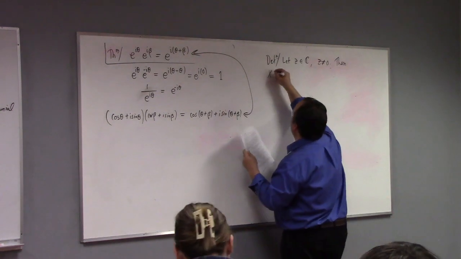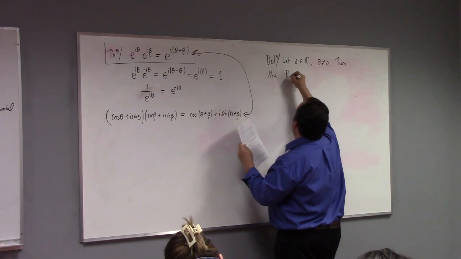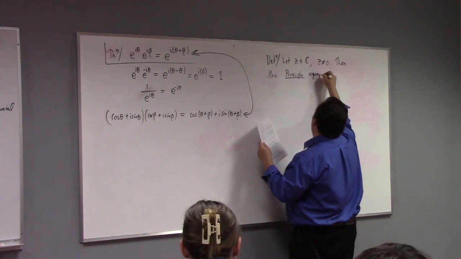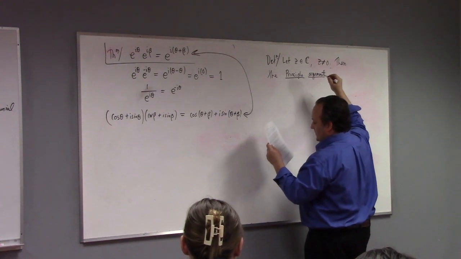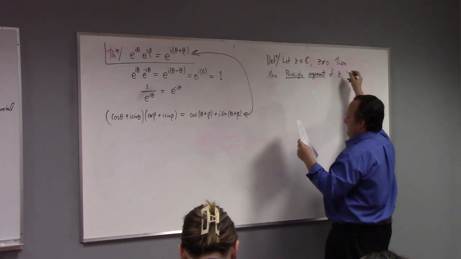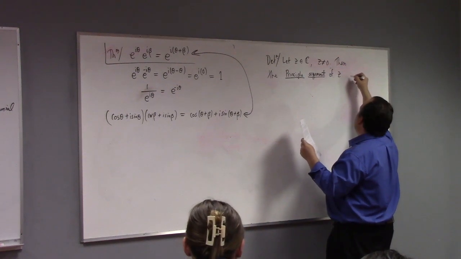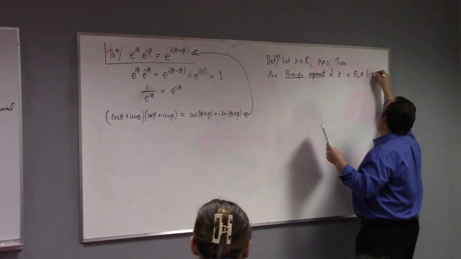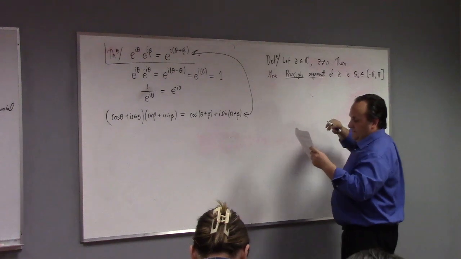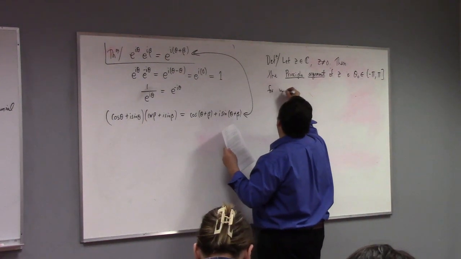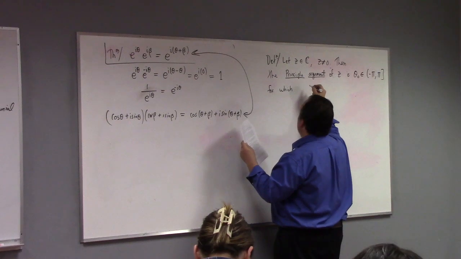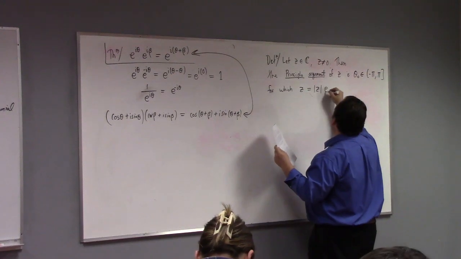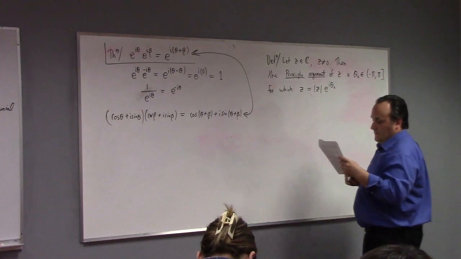Then the so-called principal argument of z is theta naught, an element of minus pi to pi included, for which z is equal to the modulus of z times e to the i theta naught.